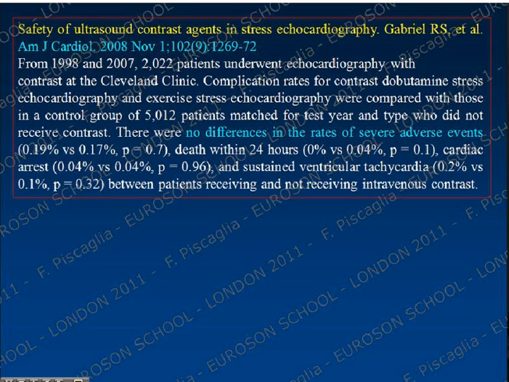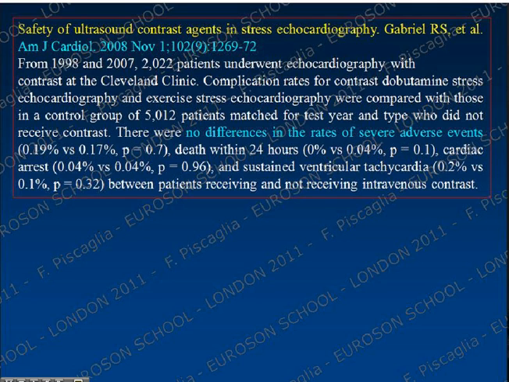These are some of the studies, and as you can see, these were retrospective, very large studies, starting from this one of about 2,000 patients, which demonstrated that there were no differences in the rates of severe adverse events and death within 24 hours between patients undergoing contrast echocardiography and conventional echocardiography. So you see that the rates are absolutely the same.